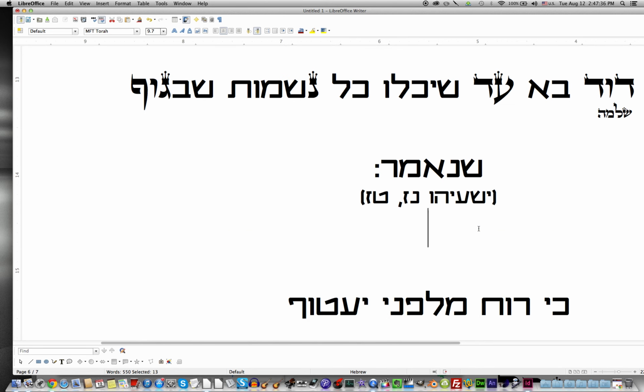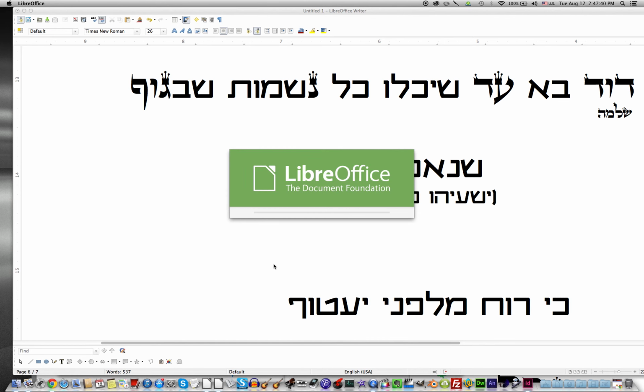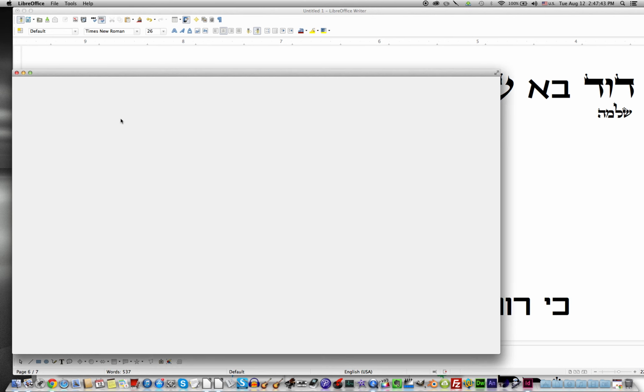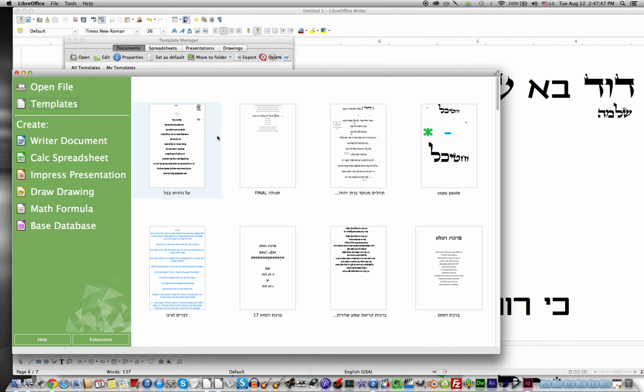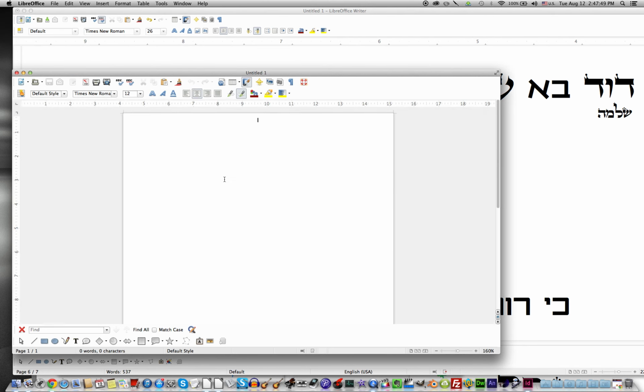So I'm going to copy. I could try it in a different LibreOffice. Here you can see that it's going to work.